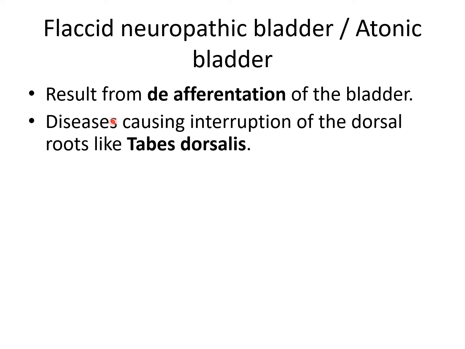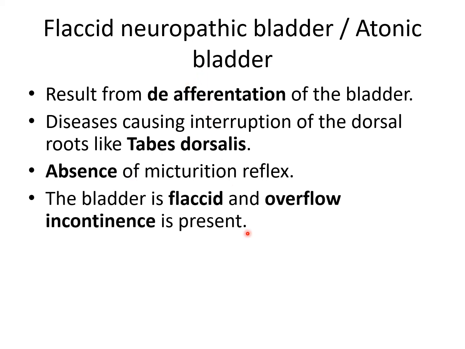Also the condition syringomyelia, which affects the dorsal column, has this type of bladder, which is flaccid neuropathic bladder. Obviously there is absence of micturition reflex as the afferent nerve is cut here, and the bladder is flaccid. Why is it flaccid? There is absence of micturition reflex and absence of sense of fullness of the bladder.